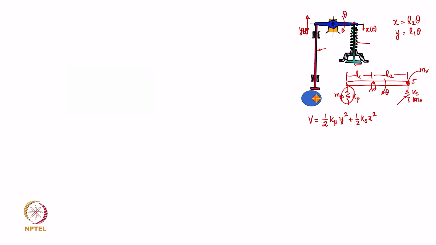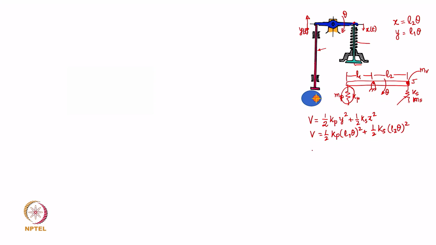All right, we will do that later, but maybe I can write this as half Kp into L1 theta square plus half Ks L2 theta square. So, maybe that is the revised expression of the potential energy.